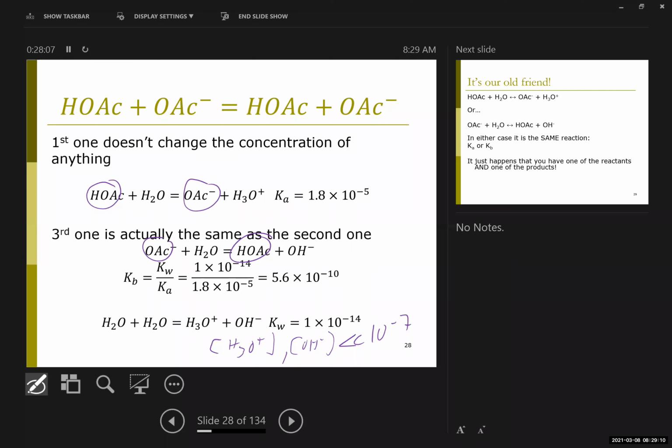Both of them really represent the equilibrium between the acetic acid and the acetate. And so if my second reaction gets to equilibrium, my third reaction gets to exactly the same equilibrium.